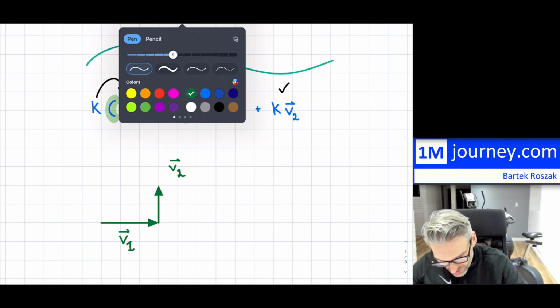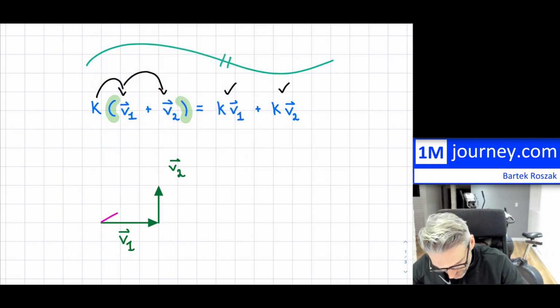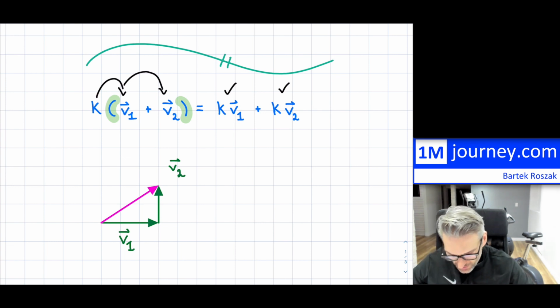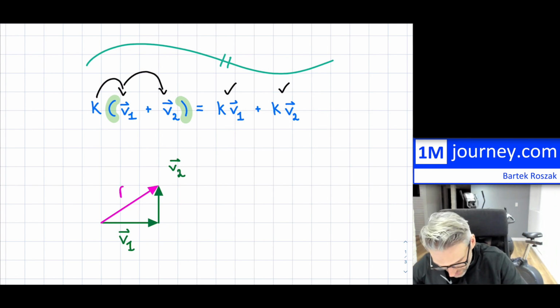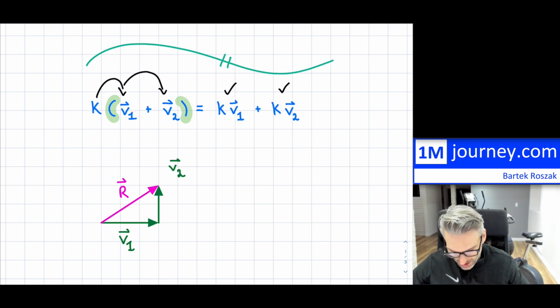But I know that my resultant vector, right here, is simply v1 plus v2. So let me draw that in here. There we go. That's v1 plus v2, and we have a new direction and a new magnitude for my resultant vector. I'm going to call this the resultant vector r.